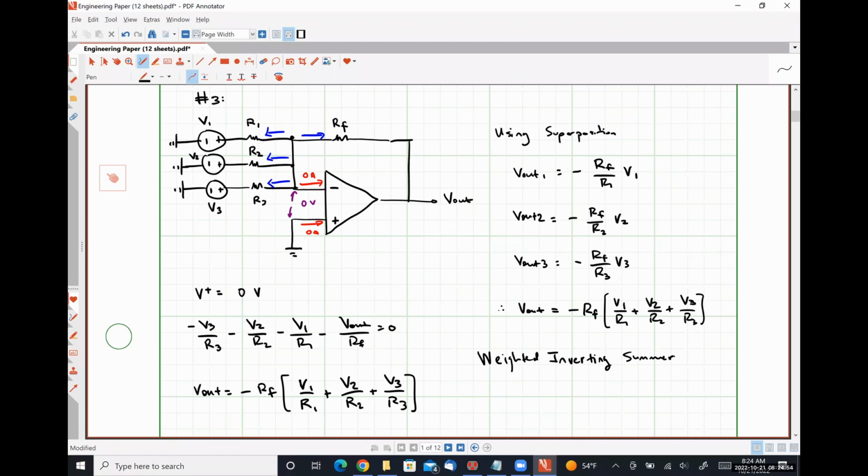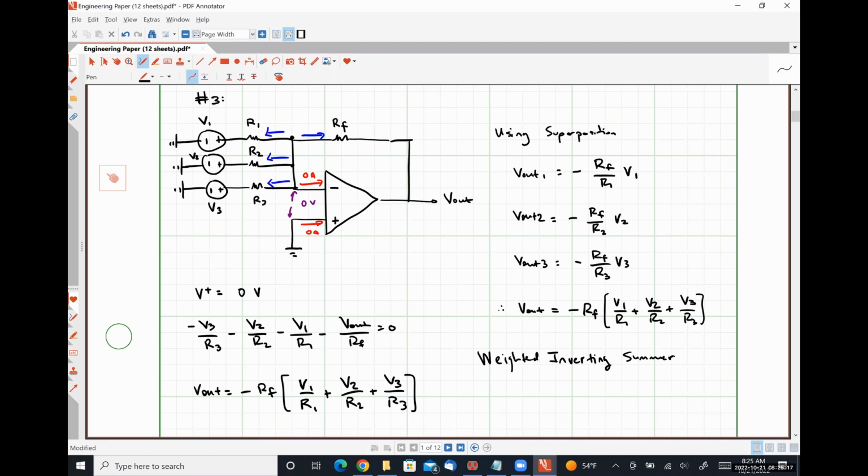And our output is effectively a scaled average of whatever the sum of the inputs are, where each of the different input signals is scaled by a different amount, which is established by that feedback resistor RF and the resistor associated with that input voltage.